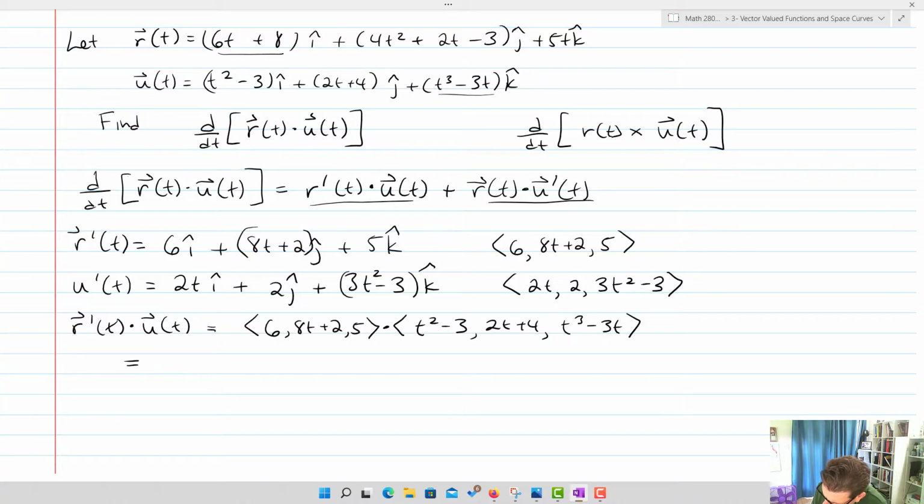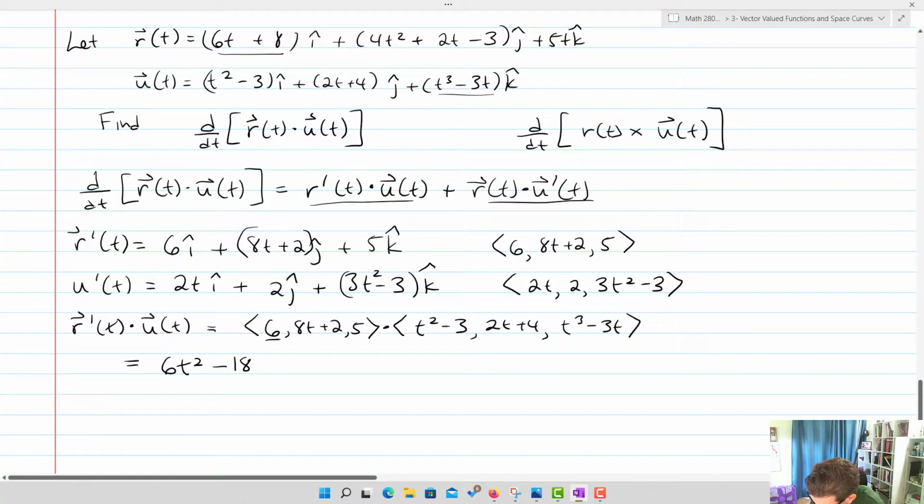So that ends up equaling 6t squared minus 18, because we'll take 6 times t squared minus 3, plus (8t plus 2) times (2t plus 4), plus 5 times (t cubed minus 3t).